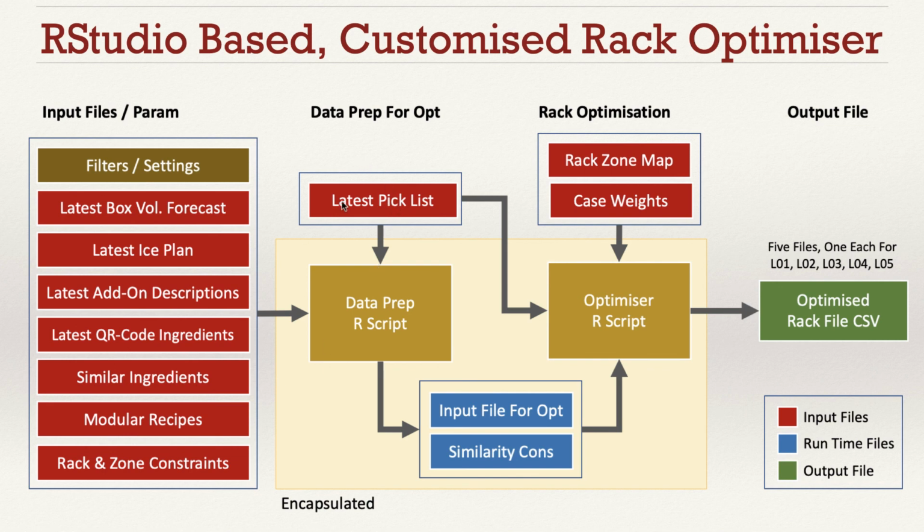All these are crunched, and the data is prepared for the optimizer, which runs. The optimizer also takes into consideration a few other things like constraints, case weights and rack map, and produces an output file, a CSV or a JSON file for multiple lines, which can be uploaded into the pick-to-light system so that the rack plan is operationalized and ready to go.